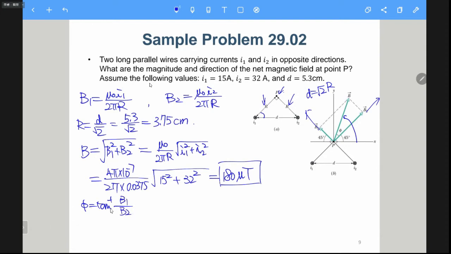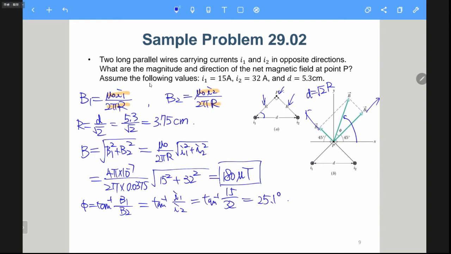Okay, so it is actually arctangent of I1 over I2, because you can see clearly that mu naught over 2 pi r will all cancel. So B1 over B2 is nothing but I1 over I2, like this. Okay, so sorry, this is nothing but arctangent of 15 over 32, which is 25.1 degree.